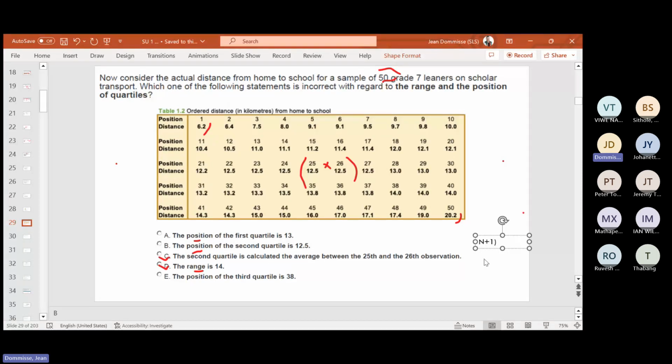For position 1, we say n plus 1 divided by 4.